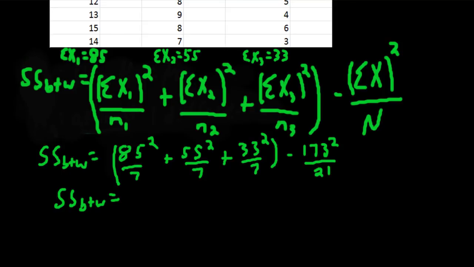So working through this, 85 squared divided by 7 gives us 1032.1429, roughly. And then we add 55 squared over 7, which gives us 432.1429.